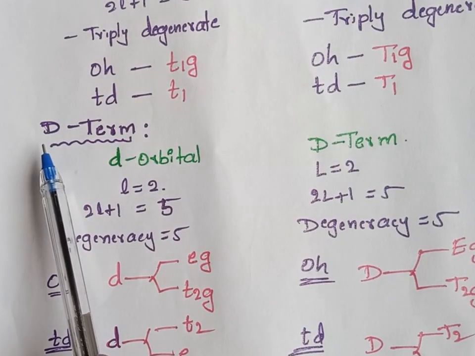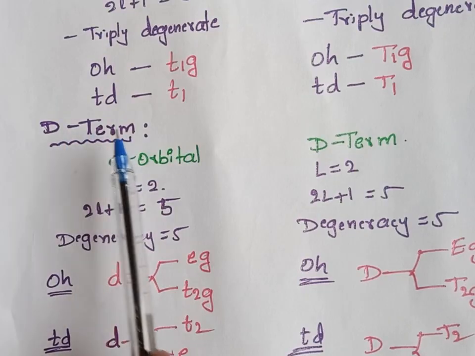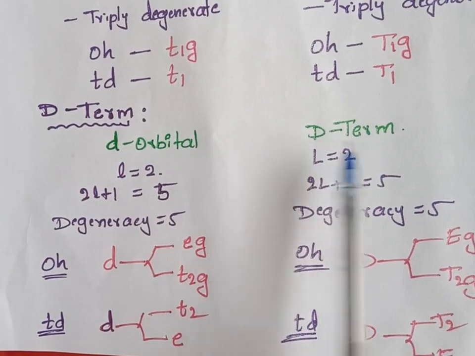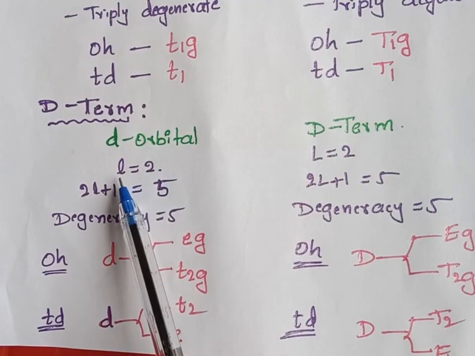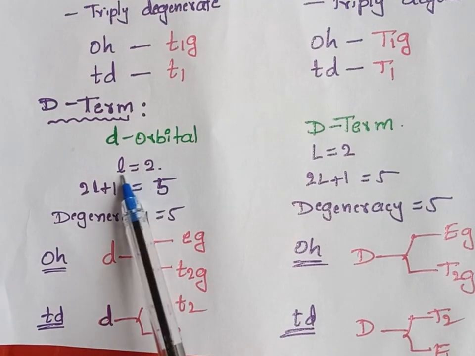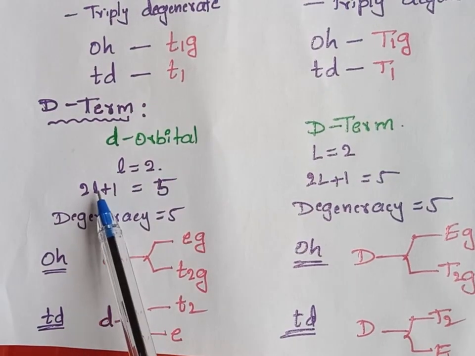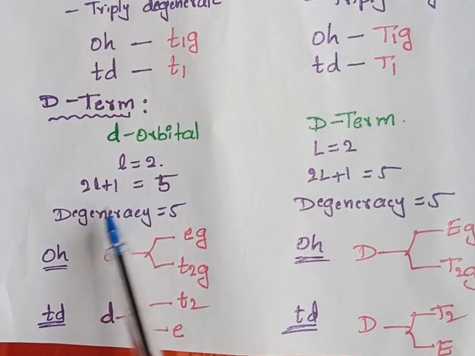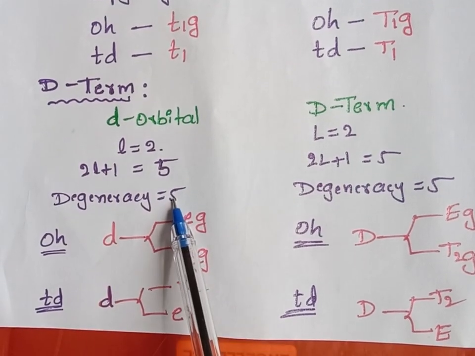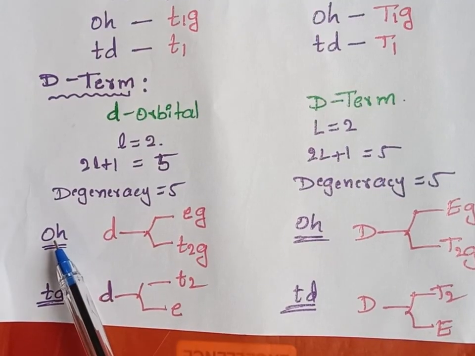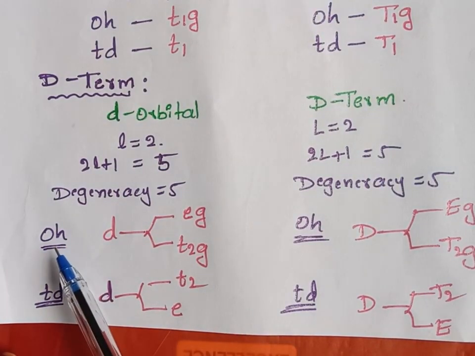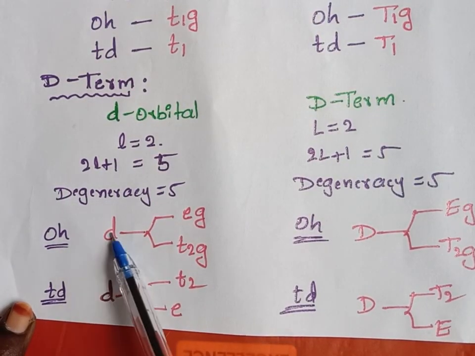So let us now discuss the D term. Again, the d orbital and D term have similarities. For the d orbital, the azimuthal quantum number small l is 2 and the degeneracy 2l plus 1 will be 5. That is five d orbitals. These five d orbitals split into different energy levels in an octahedral field.